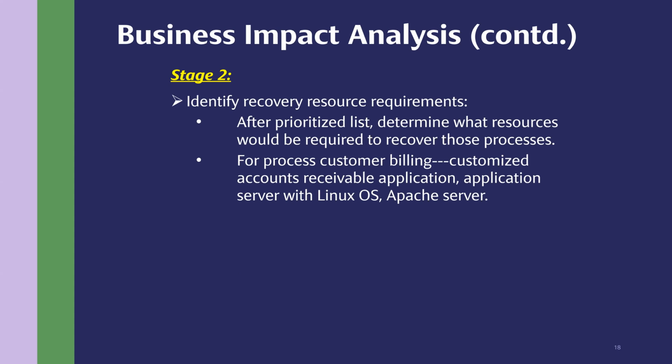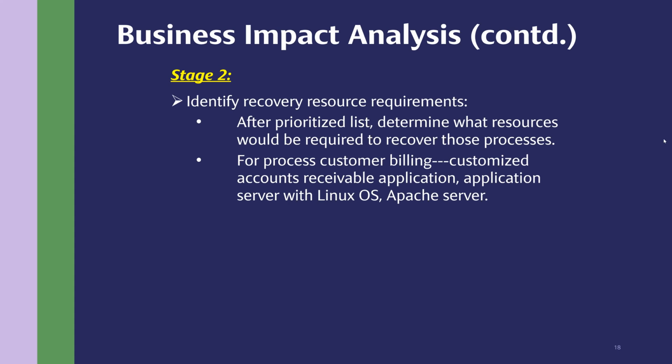For example, in customer billing, you need a customized accounts receivable application. Apart from this, you also need an application server with a Linux operating system and Apache server. So it's not only about the prioritization, it's also about the resources you are going to need for that particular business operation or process.